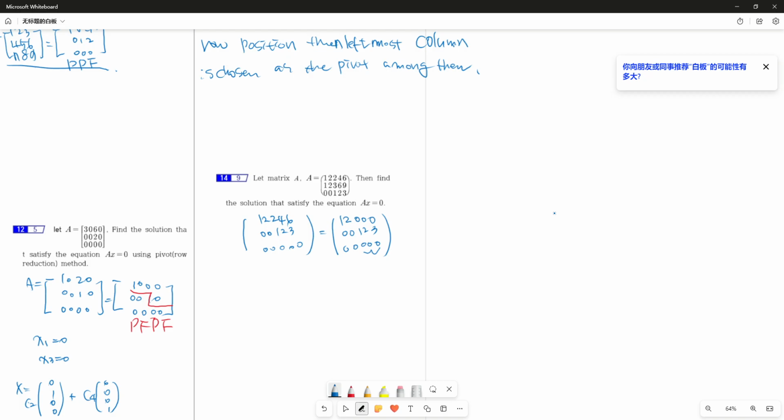So the leftmost column, the third column, is the pivot in this problem. Draw the line: pivot, free, pivot, free, free.